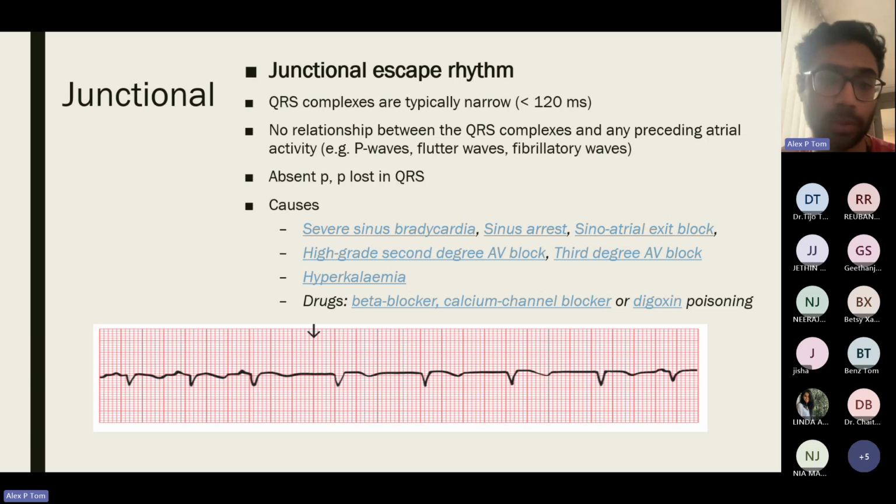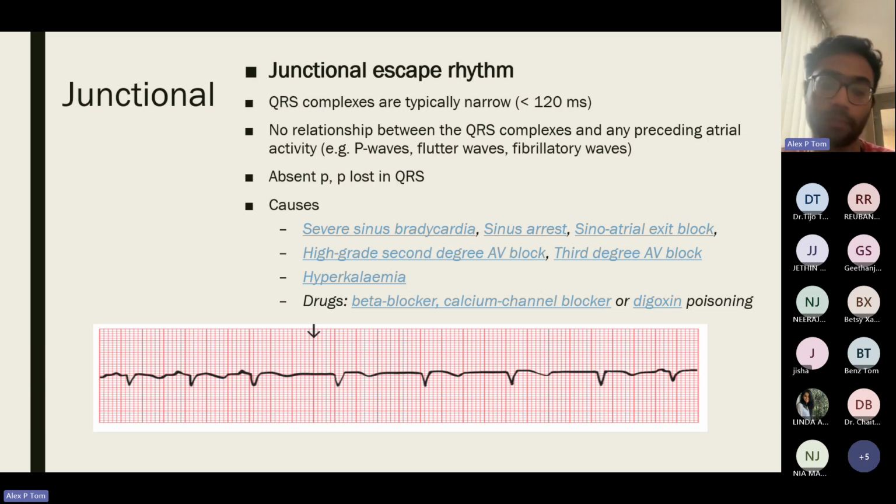You need to find out what is causing this junctional rhythm, rule out all these causes, and manage the cause. If the heart rate is going quite low, you might have to consider atropine to bring the heart rate up. Symptomatic bradycardia, you need to treat with atropine.